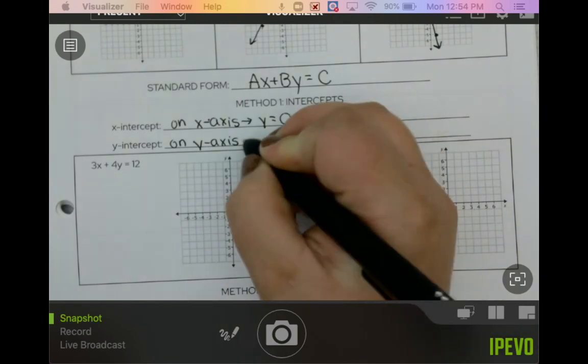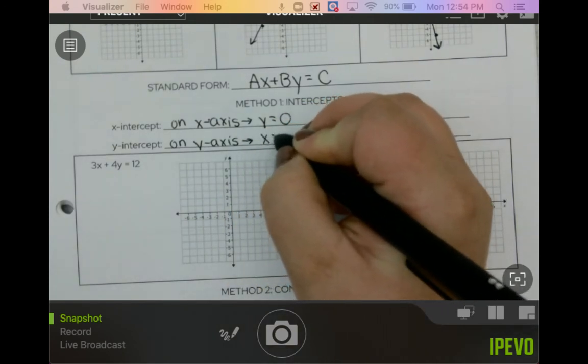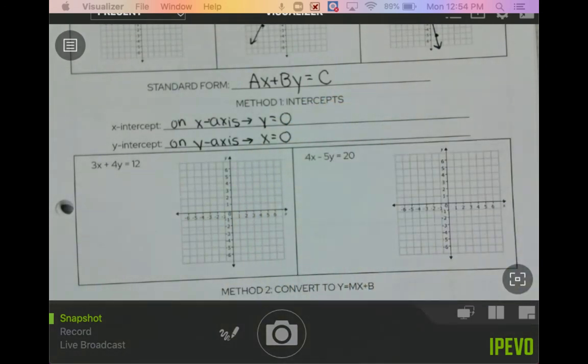And if you go to the y-axis, x equals 0. So it's like the same kind of thing, just opposite variables when you switch. And it's really easy to solve for these because you're going to plug in the number 0. And zeros are really easy to plug in. You'll see why when we do this first one.